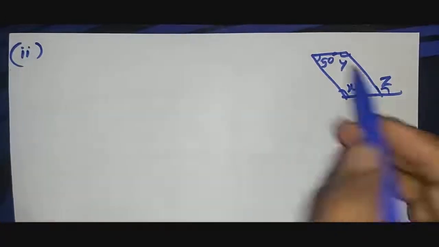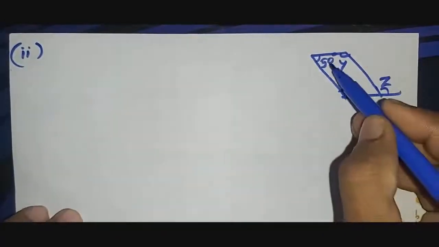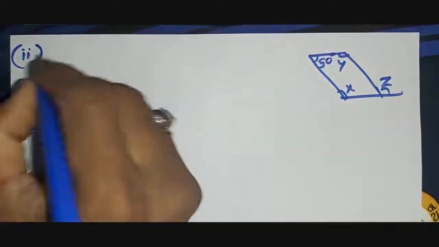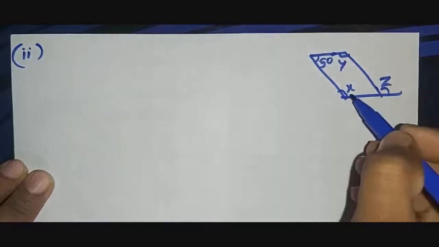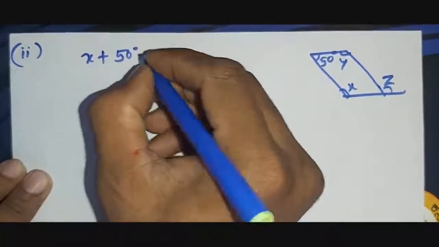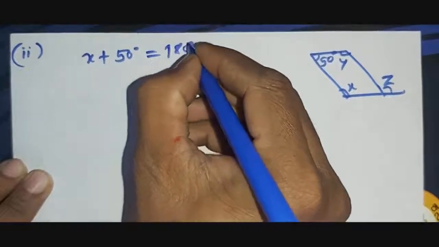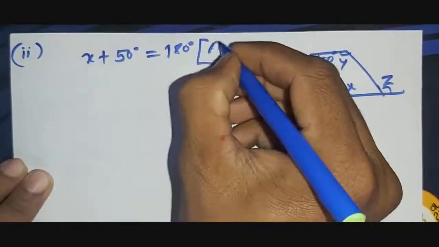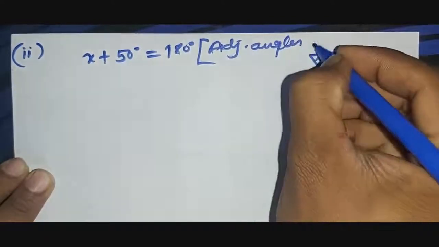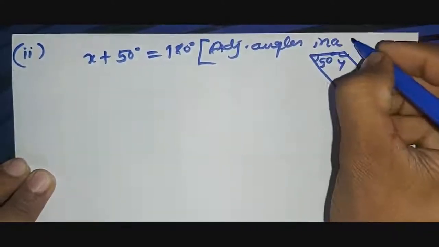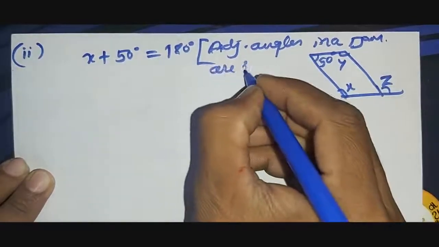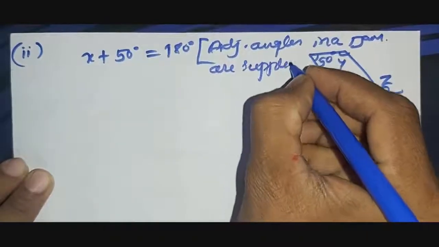Now let us discuss the second question. Here they have given a figure with 50 degrees, and y, x, and z we need to find. Here x plus 50 degrees is equal to 180, because adjacent angles in a parallelogram are supplementary.